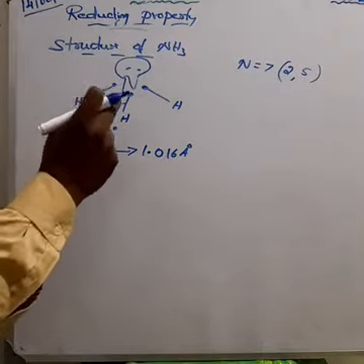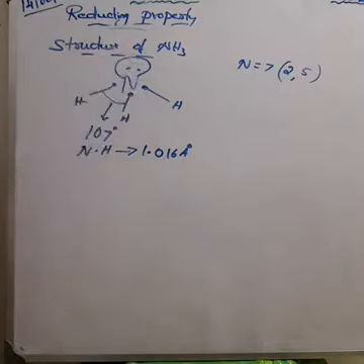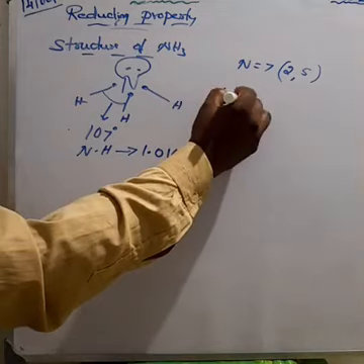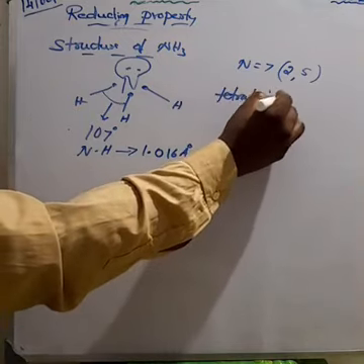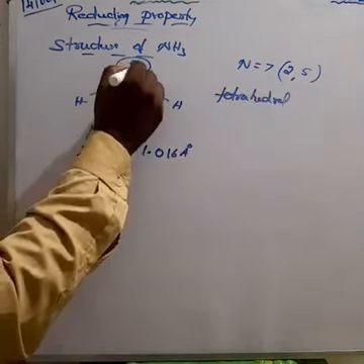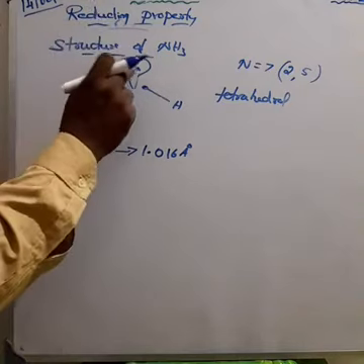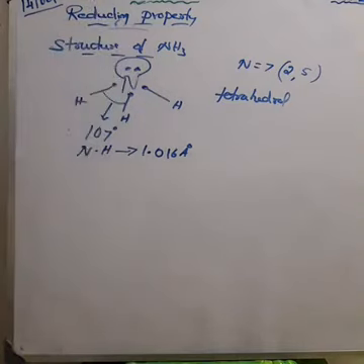Here ammonia has a pyramidal shape. Ammonia is regarded as tetrahedral with one lone pair of electrons, so we can consider it a tetrahedral position. But it becomes a pyramidal shape.